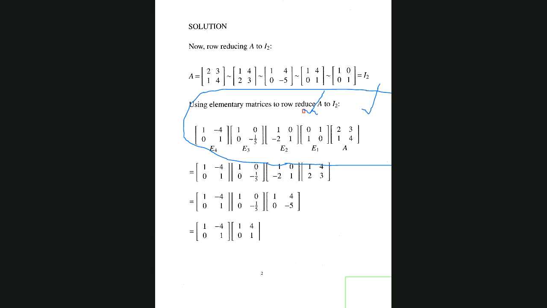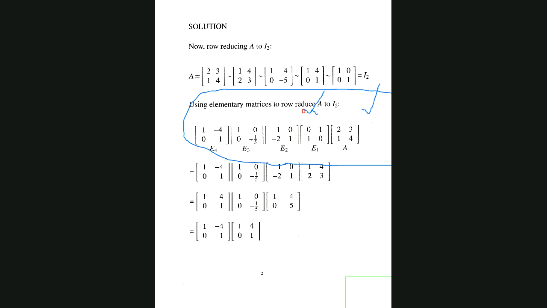So, for instance, the E1 matrix, 0, 1, 1, 0, that's just the identity matrix where I swap the rows. Then when I multiply A by E1, that swaps the rows of A. But now I have this 1, 4, 2, 3 matrix in this step here.